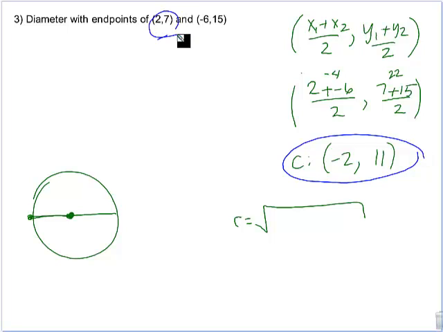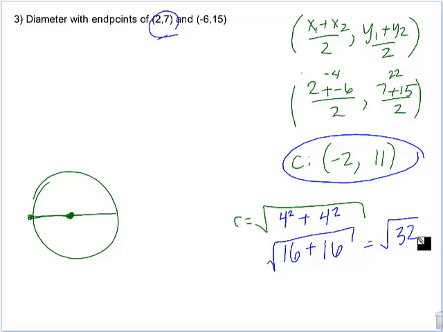From negative 2 to positive 2, how much do our x's change? 4. So 4 squared plus, from 11 to 7, 4. 4 squared is 16, so 16 plus 16. Square root of 32. That's our radius. So we have our center and our radius. Let's try to put it in the formula.